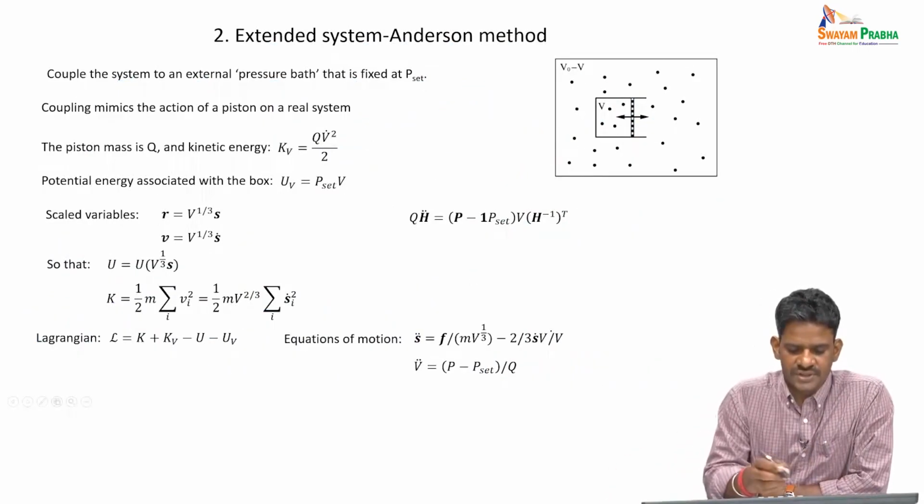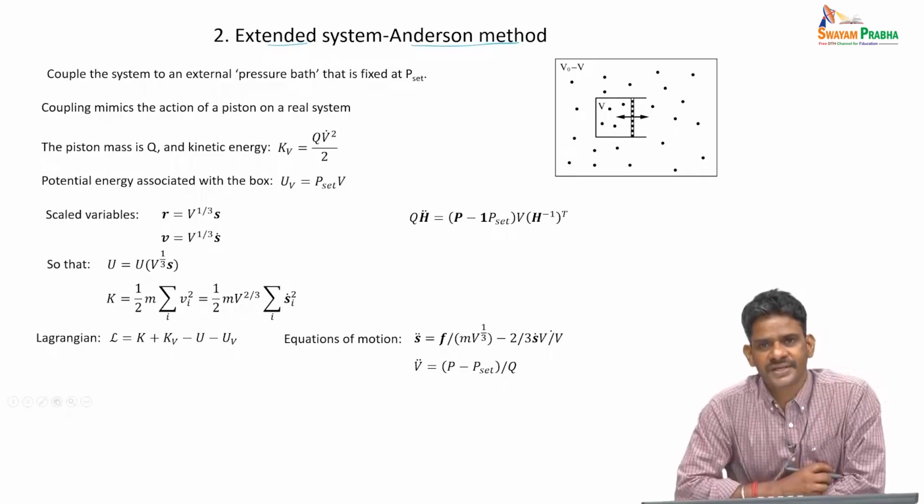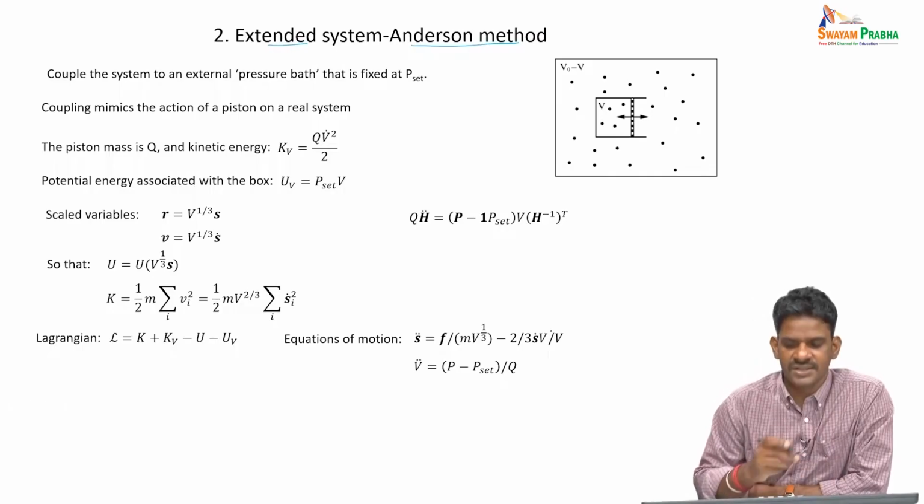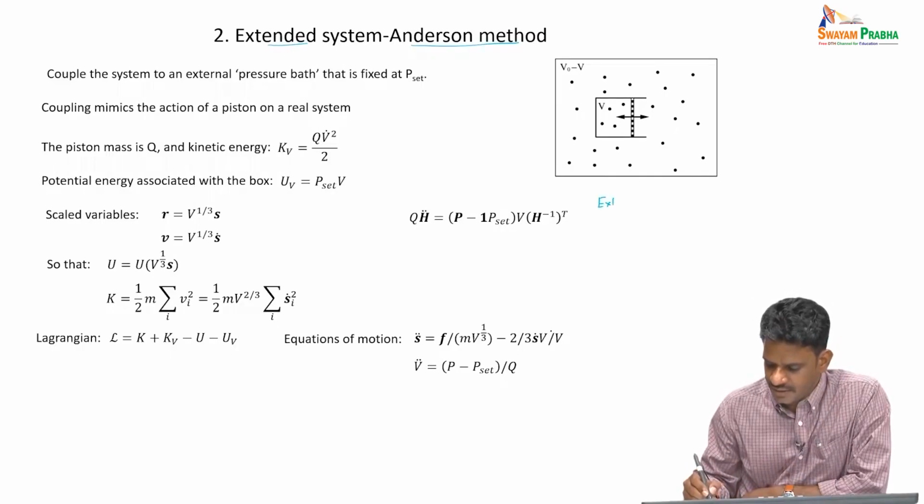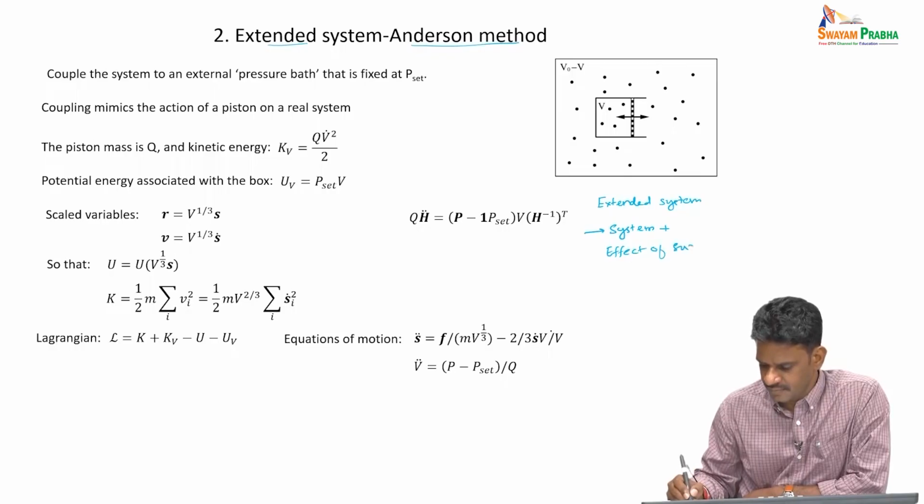The next approach is one of the extended system approaches. It is also known as the Andersen method. What we mean by extended system here is that we consider the system plus the effect of the surroundings through some additional degrees of freedom.